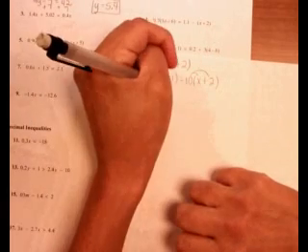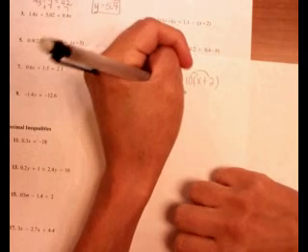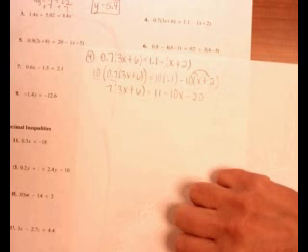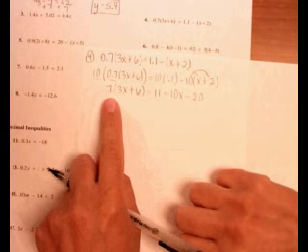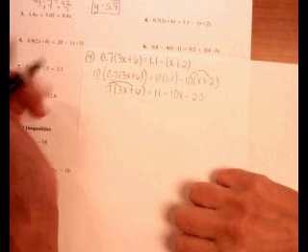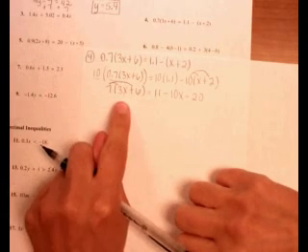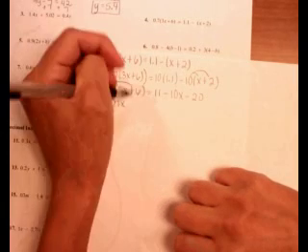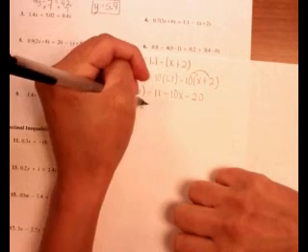So minus 10x minus 20. I'm going to take this 7 and distribute it to each inside the parentheses. So 7 times 3x is 21x. 7 times 6 is 42.